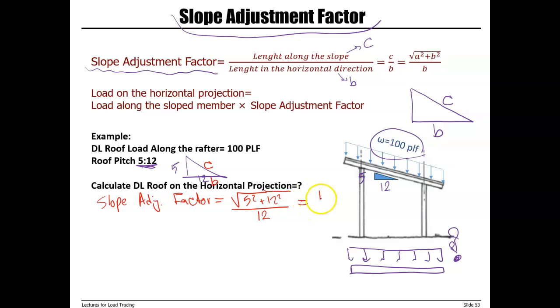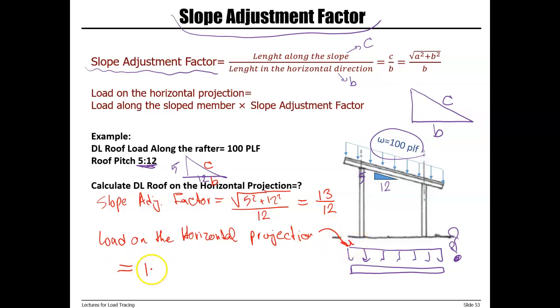So it's equal to 13 divided by 12, and then load on the horizontal projection is equal to load along the slope or rafter times the slope adjustment factor.